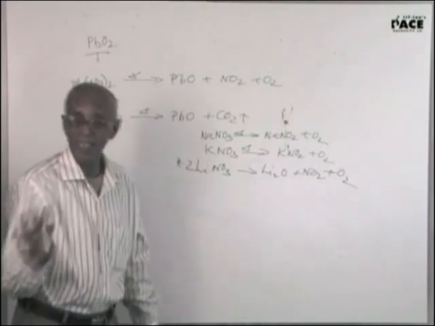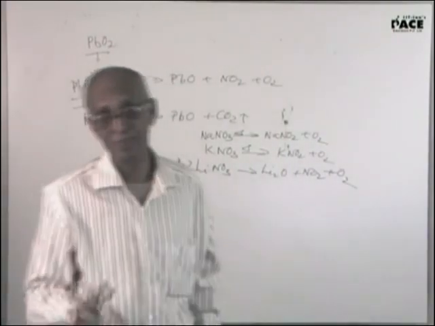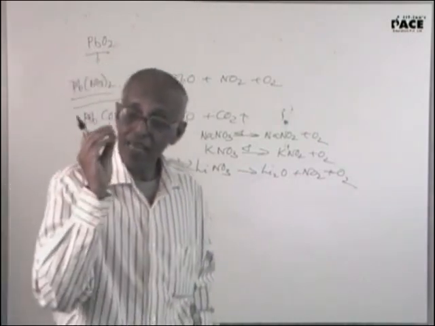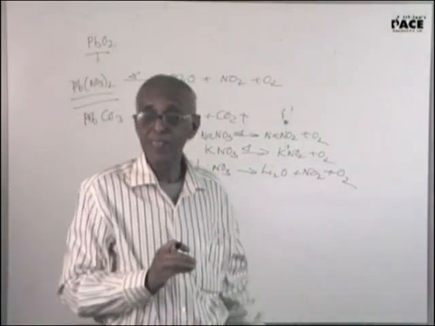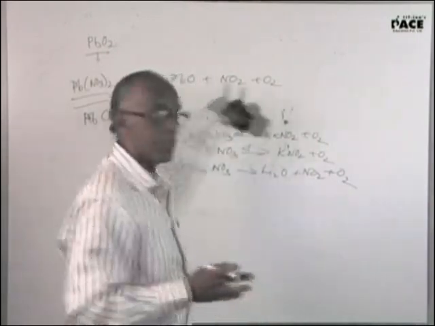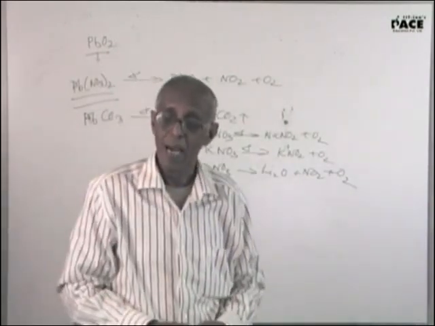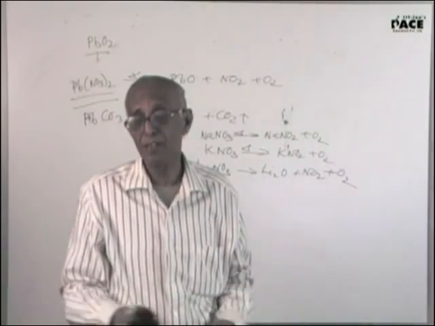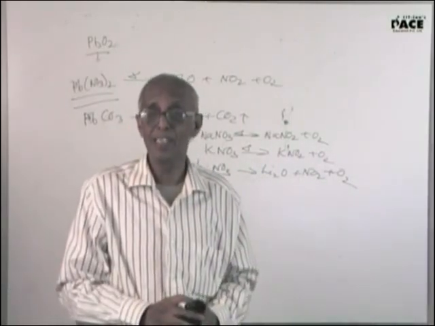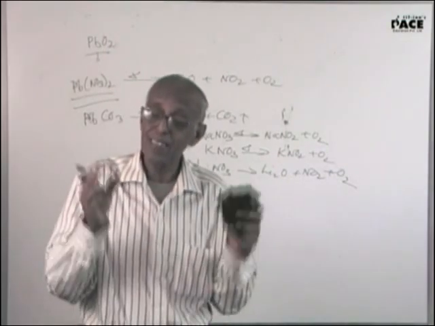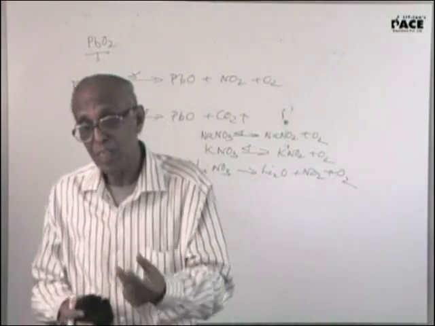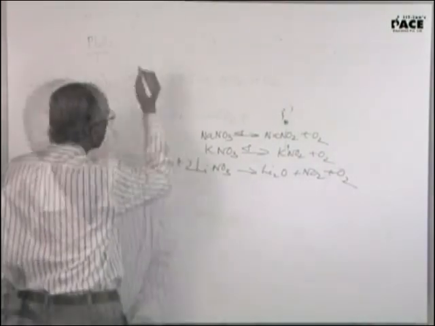See how lithium differs from sodium and potassium. Lithium is the lightest metal, but it behaves like a heavy metal as far as nitrate decomposition is concerned. Heavy metal nitrate gives nitrogen dioxide and oxygen. Lithium nitrate gives nitrogen dioxide and oxygen, despite the fact that lithium is the lightest metal. So this is an anomalous behavior of lithium.